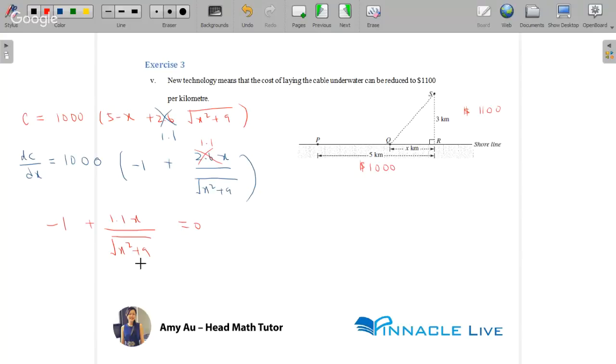All right, so we're solving this to 0. So moving the -1 across should be +1, and then square, multiply across, square everything. So 1.1 squared should be 1.21.